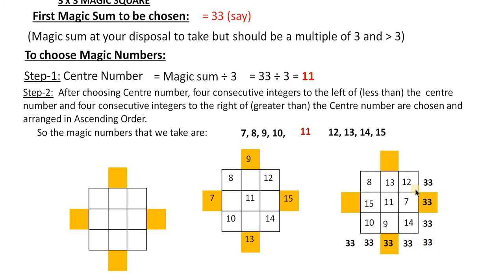This way you can surprise the entire audience by asking them to give only one magic sum. The magic sum should be a multiple of 3, reasonably big, a number greater than 30. You can also take another set of 9 numbers.